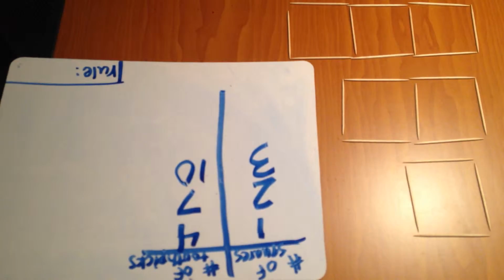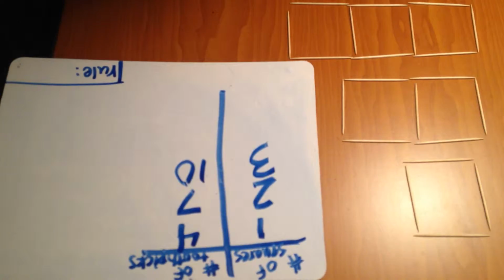And you know what I notice? I notice that on the right side of my table, I am going up by 3. I notice that 4 plus 3 equals 7, and 7 plus 3 equals 10.